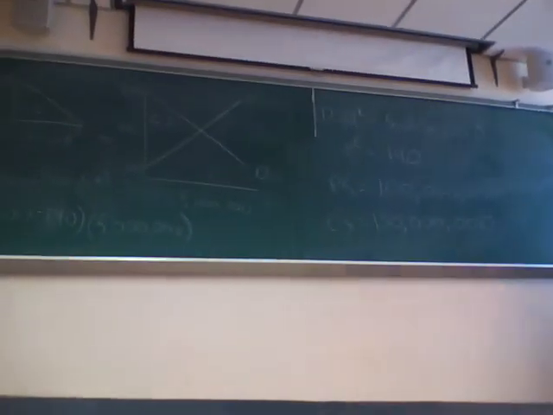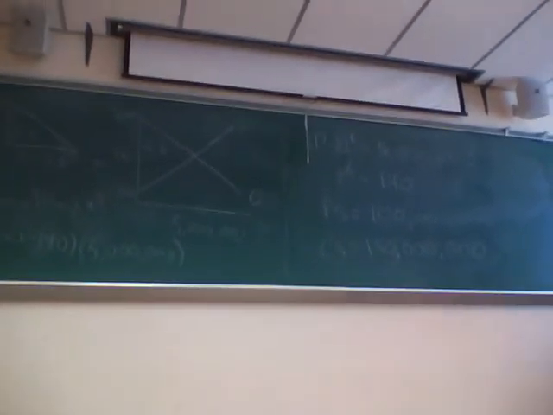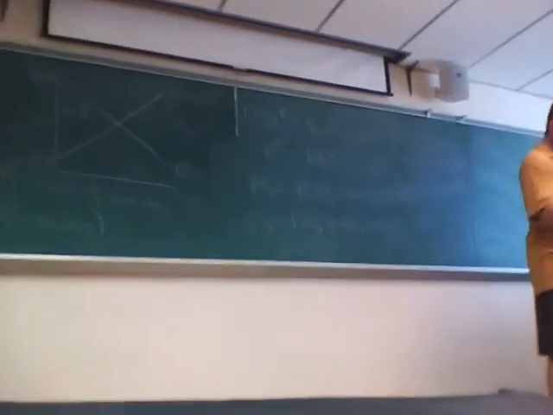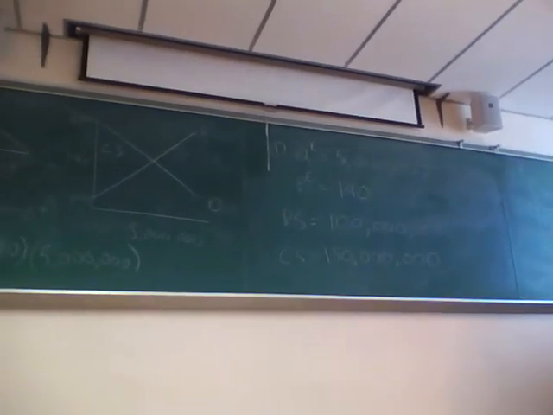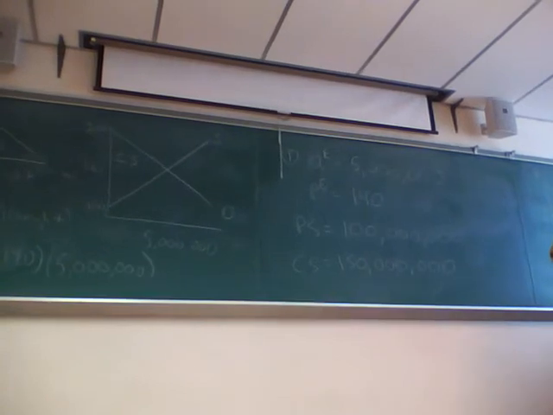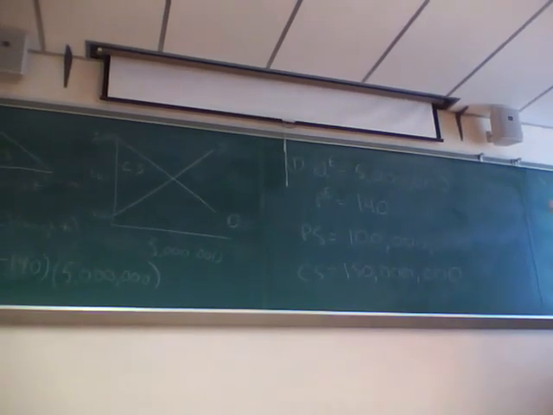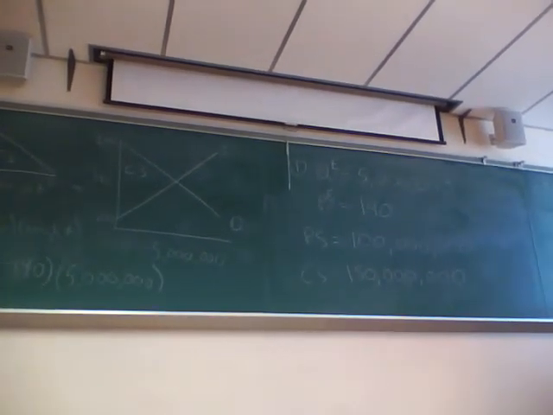So I've given you all the answers to number 1, all right? Let's get to 3. I told you the new supply curve is the old one with a new intercept of 110.